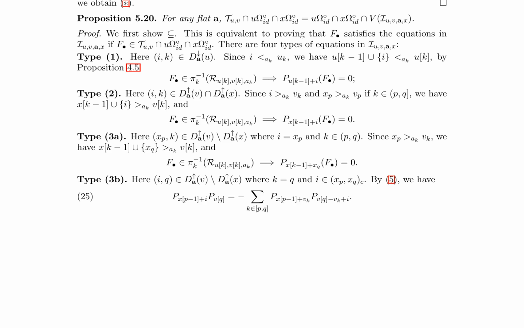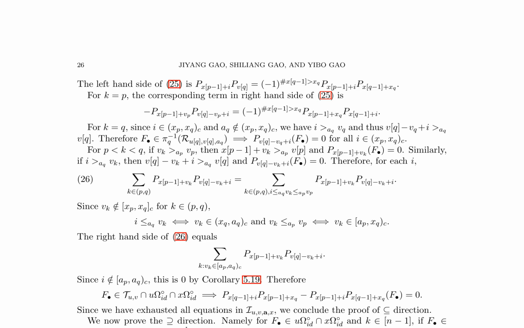0. This corollary is used to prove proposition 5.20, which shows that for any flat A, the set V ∩ U ω hollow bullet id ∩ X ω hollow bullet id is equivalent to the set V(I(U, V, A), X). The proposition is crucial in understanding the relationships between different varieties and graphs.